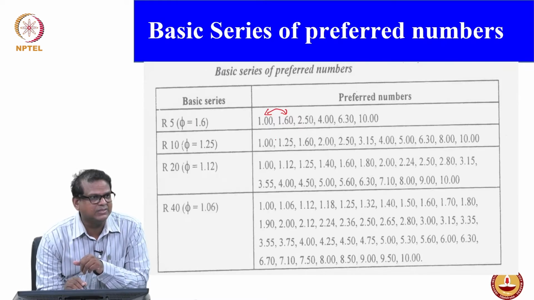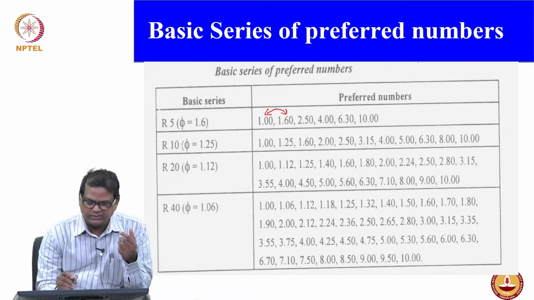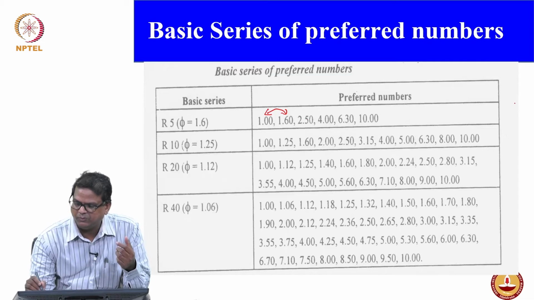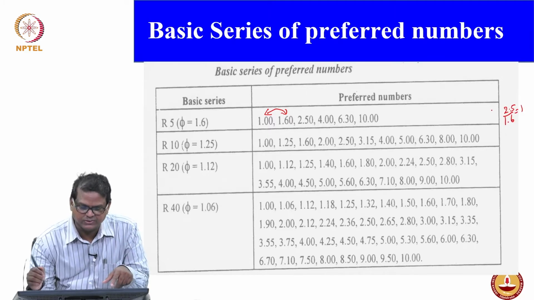So 1.6 divided by 1 is 1.6. Similarly, if you take 2.5 divided by 1.6, what number will you get? That should be rounded off to 1.6.